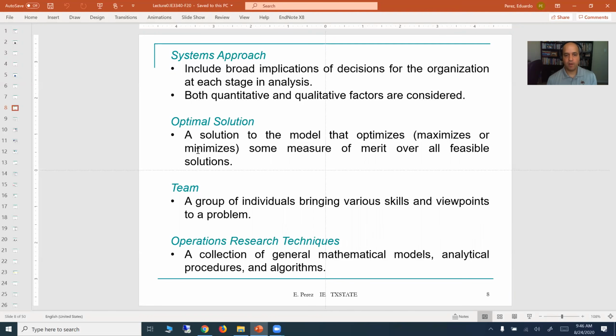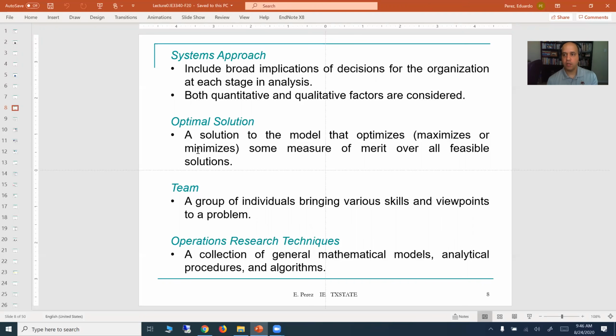And then using the model, our target is to define an optimal solution. An optimal solution is a solution to the model that optimizes, in terms of maximizing or minimizing, some measure of merit. So a performance measure, like I mentioned, cost, cycle time, throughput. So we want to maximize or minimize depending on the performance metric.